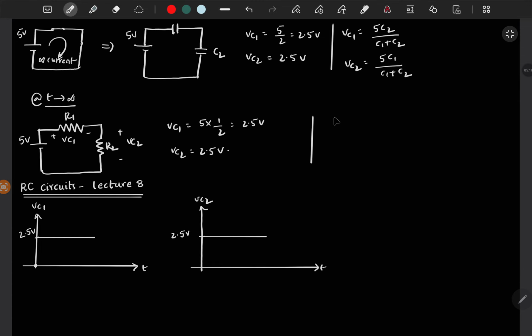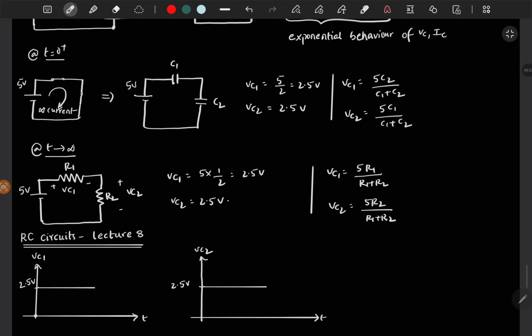and at steady state, without assuming R1 is equal to R2, you will get Vc1 is equal to 5 R1 by R1 plus R2, and Vc2 is equal to 5 R2 by R1 plus R2.